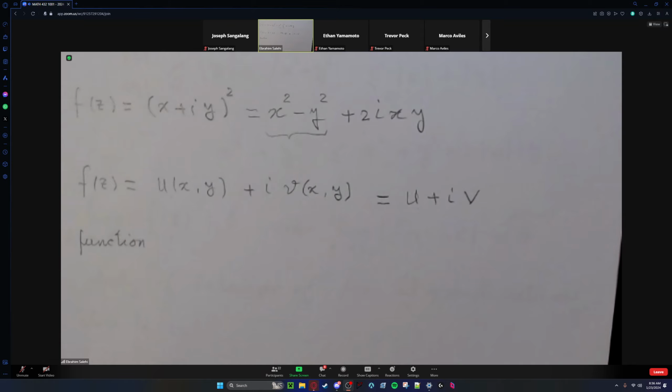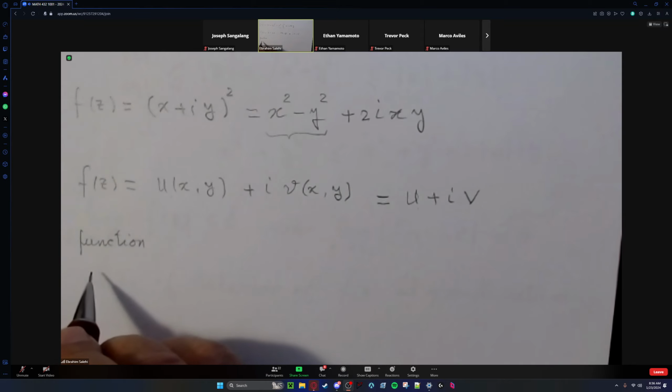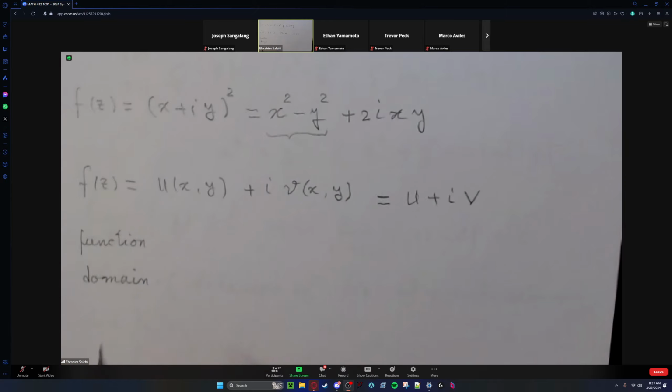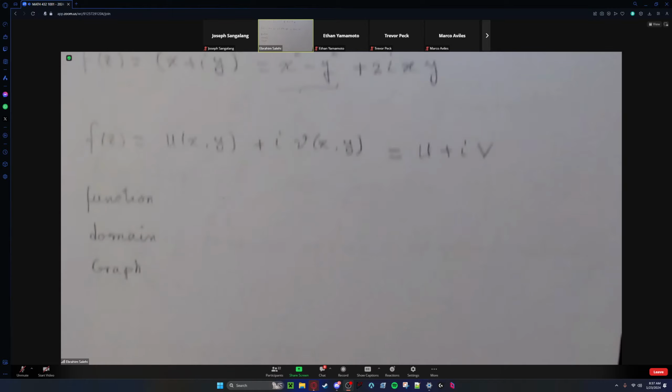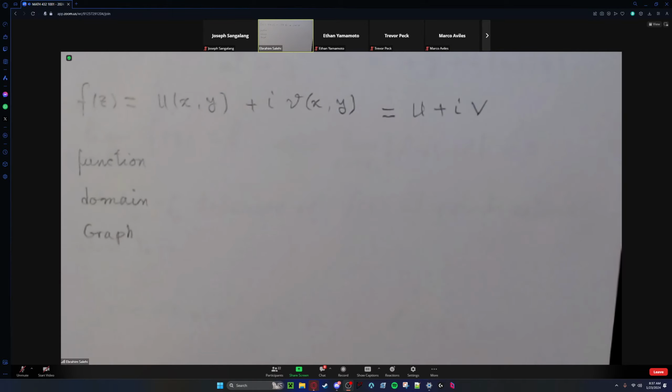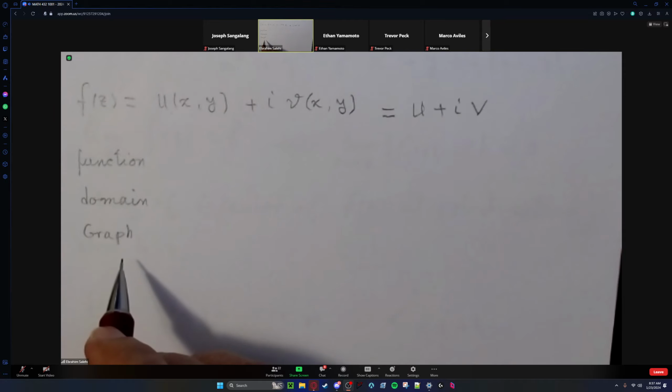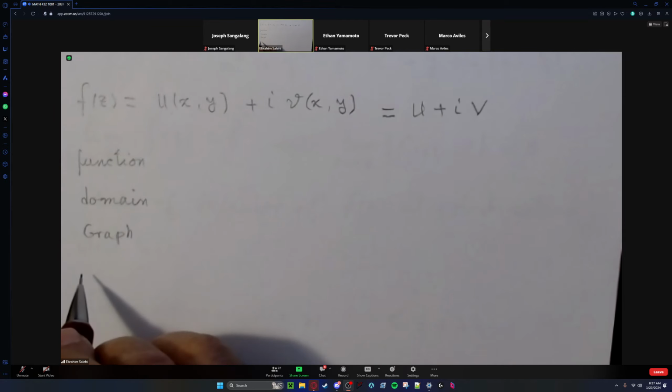concepts involved. The first one, remember, is finding domain of that function. What is domain of that function? Then, of course, we want to find, if we can, we want to graph that function, find a picture for it, a geometric picture for it. And then the question is, what is its limit?